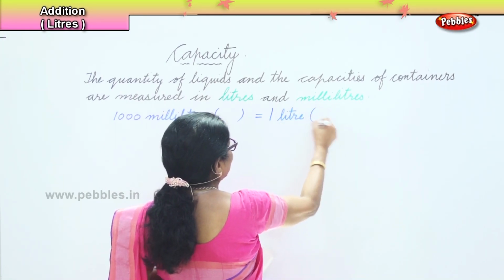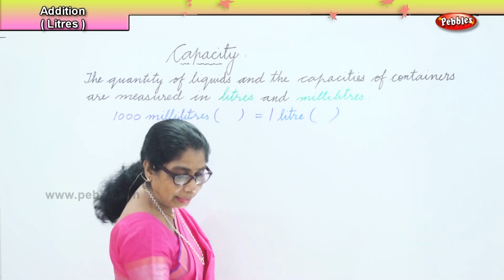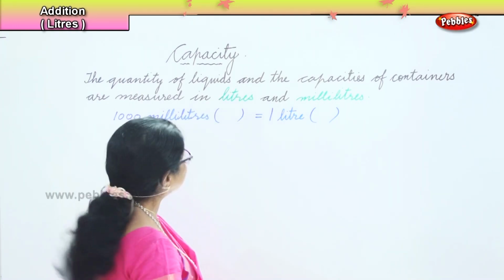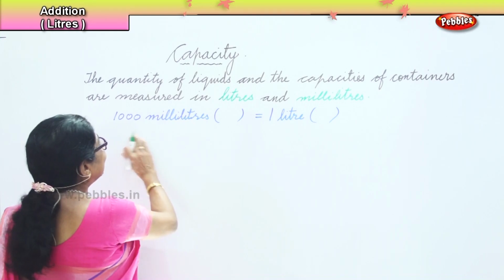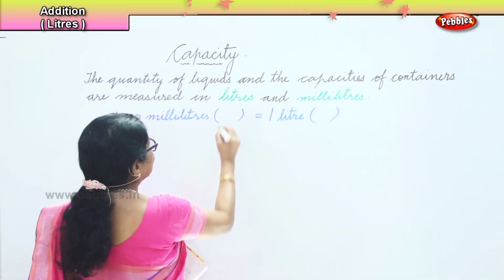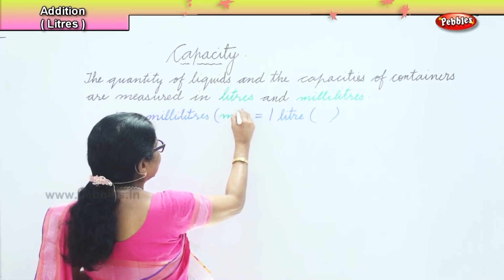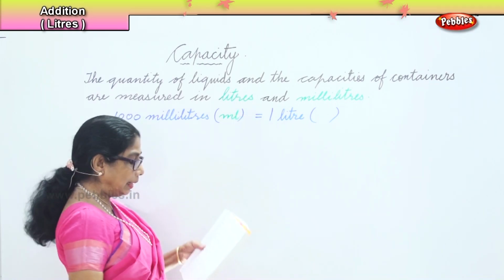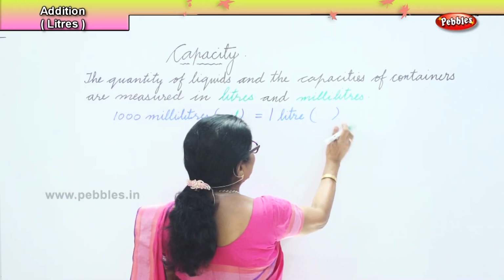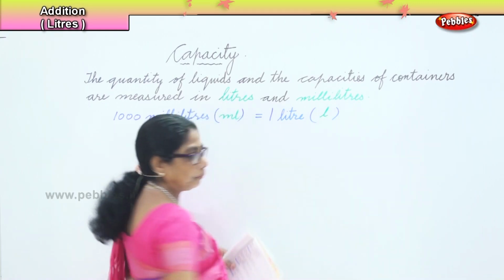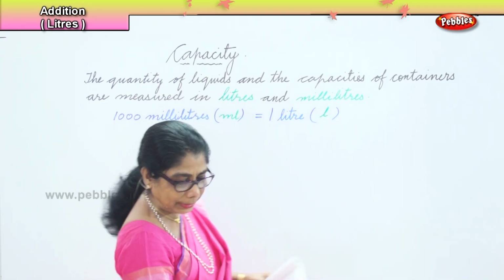And the short form of liter is L. That we must remember. Now, milliliter, the short form is ml. And the liter, short form is L. We need to remember that.